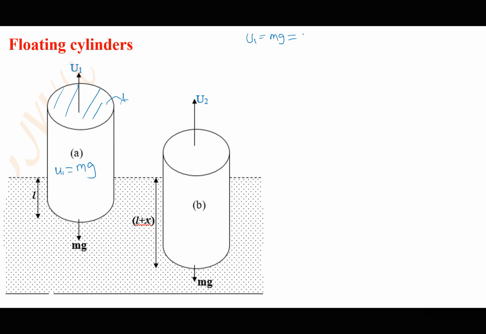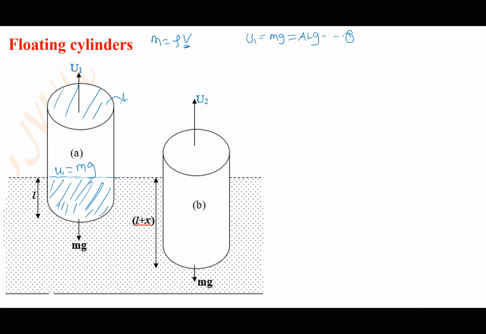Mass is density times volume. The volume of the liquid which has been displaced is equal to the cross-sectional area of the cylinder times L, which is inside the water. So this is going to be multiplied by g. This is the weight of the liquid which has been displaced, and that is going to be equal to the upthrust. I will call this one the first equation.